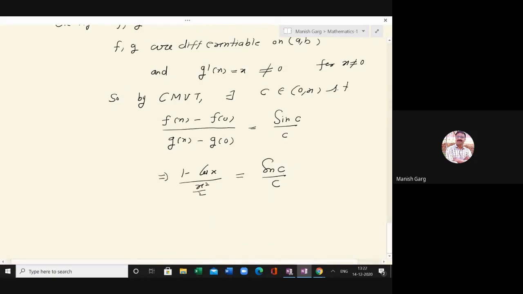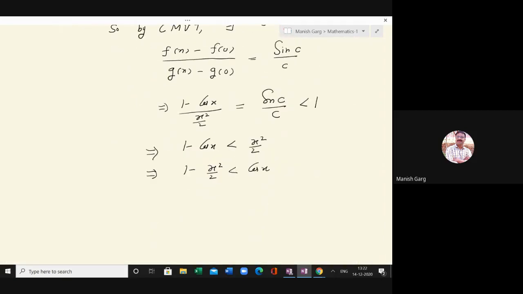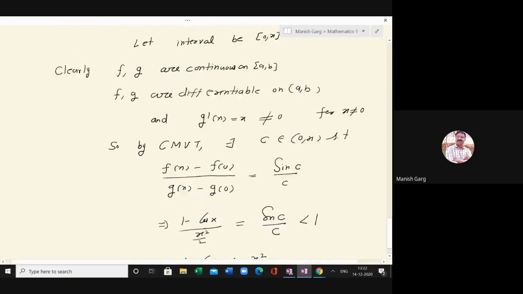So whatever be the value of c, this is less than 1. 1 minus cos x is less than x square by 2. 1 minus x square by 2 is less than cos x. So here you can prove this inequality. For minus x you can prove yourself.